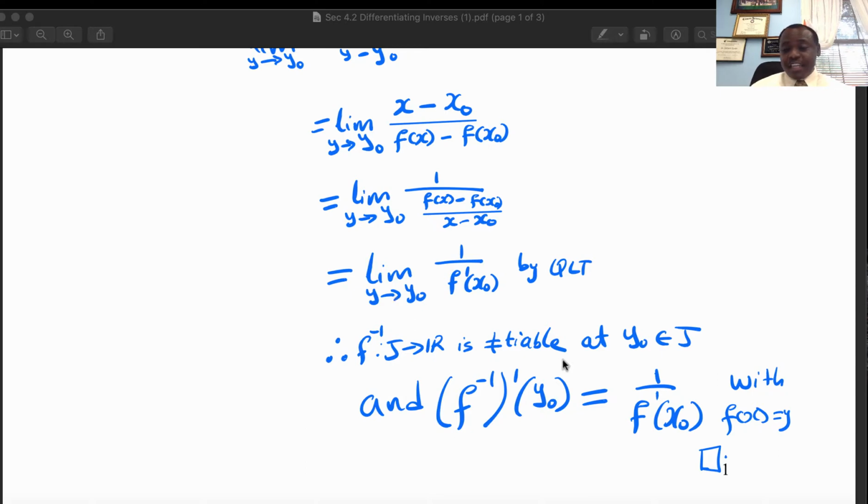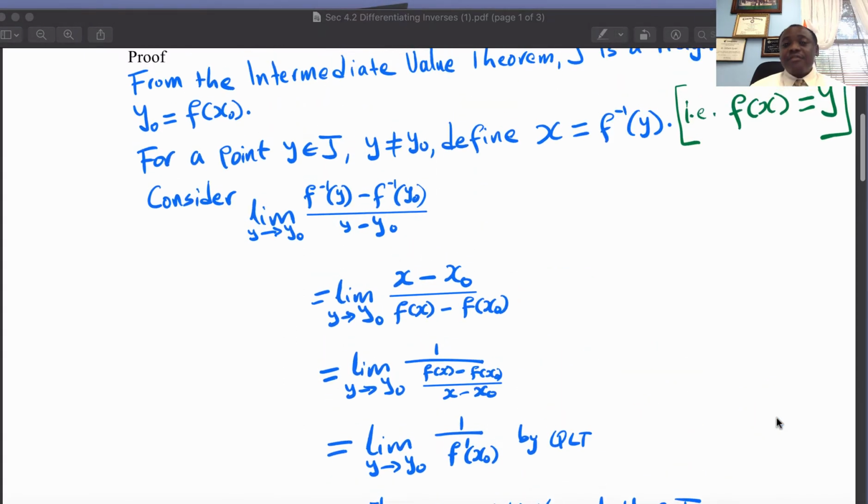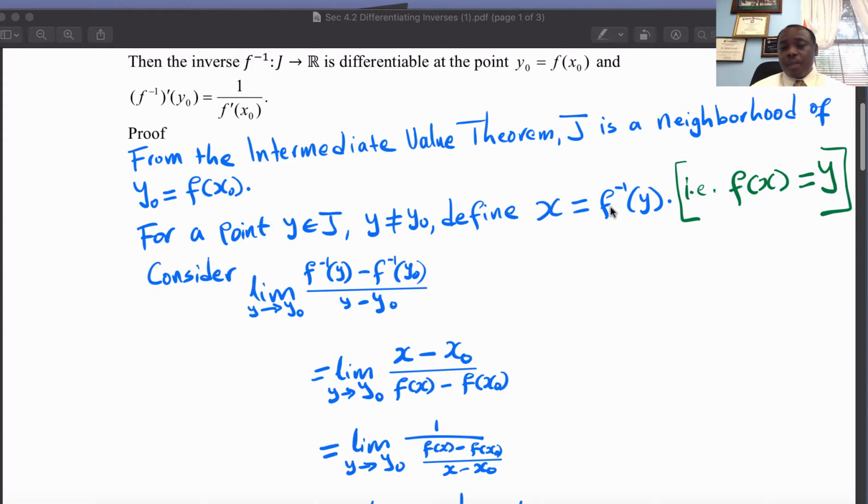Now, do not forget, throughout, we are using the fact that f of x equals y from our definition up here. x equals f inverse of y, which means f of x equals y.